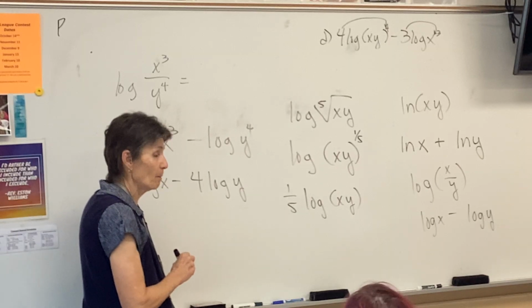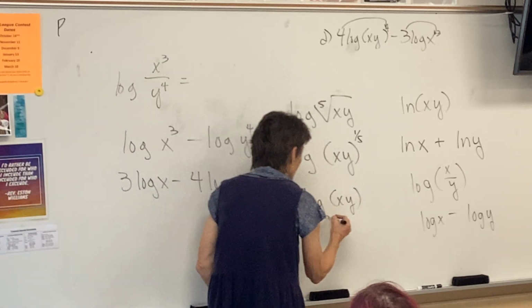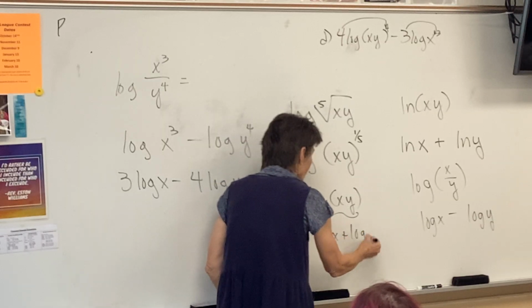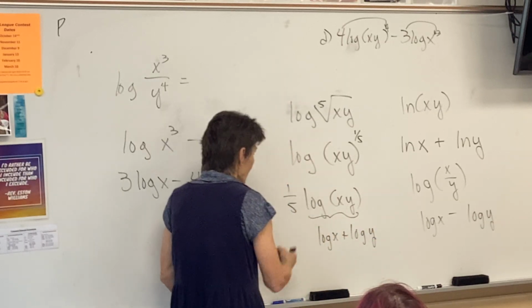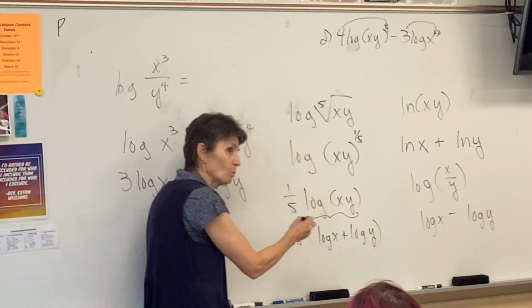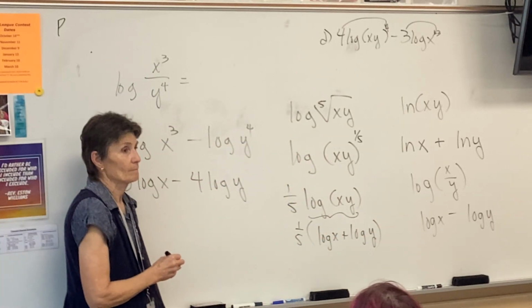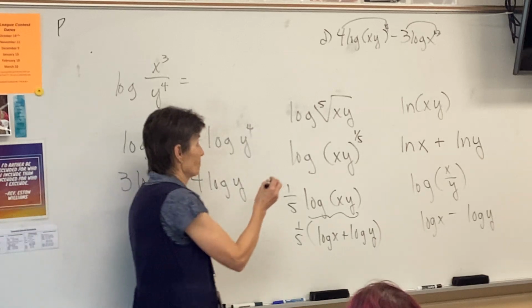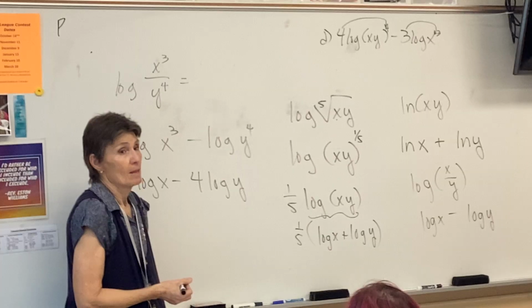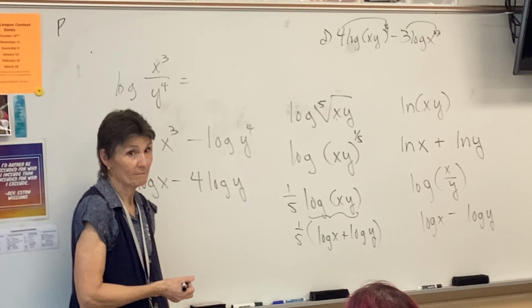I gotta break that apart. What does this look like when I break it apart? Log x plus log y. Now, does that 1/5, I put like parentheses, does that 1/5 go with the whole thing? No. Are both of these under the radical? Then don't both of them get the 1/5?